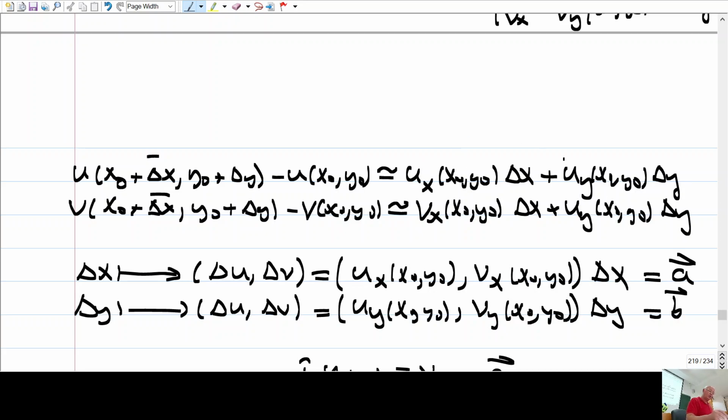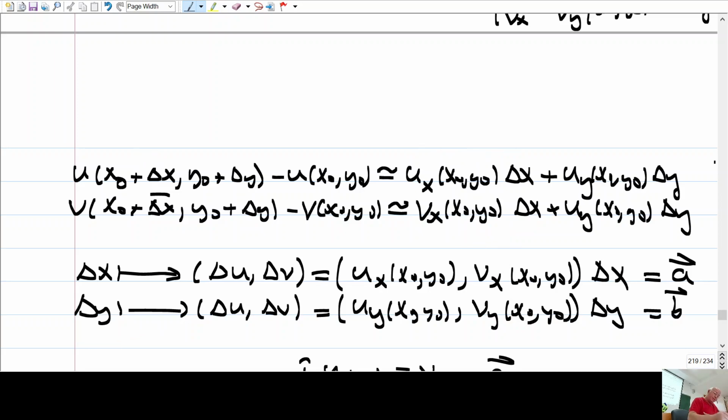This is a first order approximation, the tangent plane approximation to the function. This was your exam question, right? The last question. So if you increase delta x a little bit, U and V are increased this much. So that's the vector A. And if you increase the y coordinate a little bit, this increment gives you the vector B.